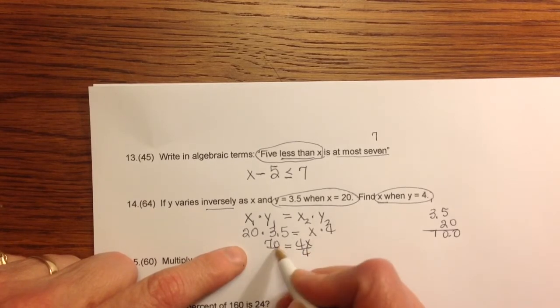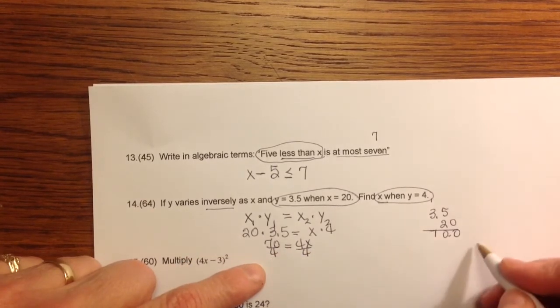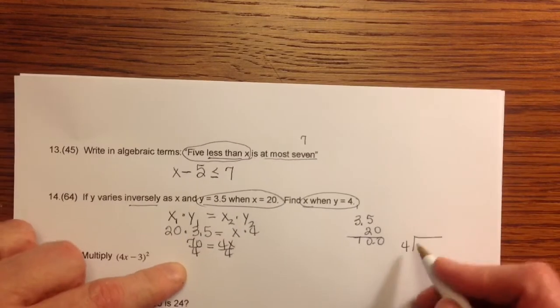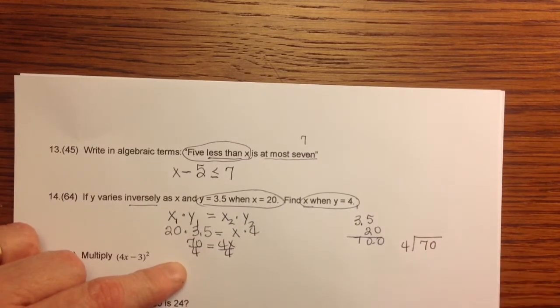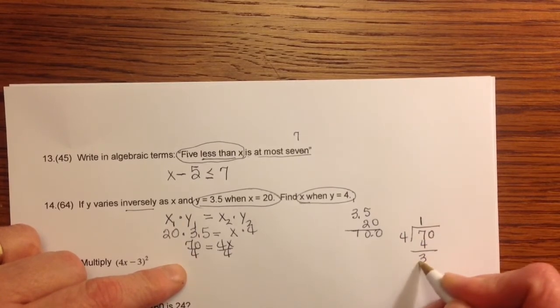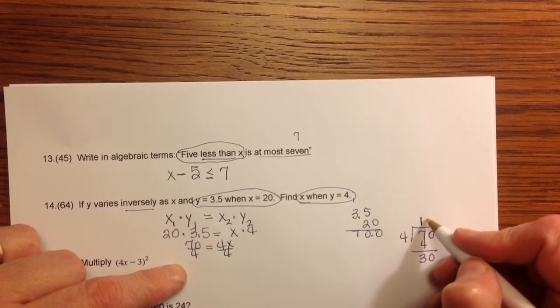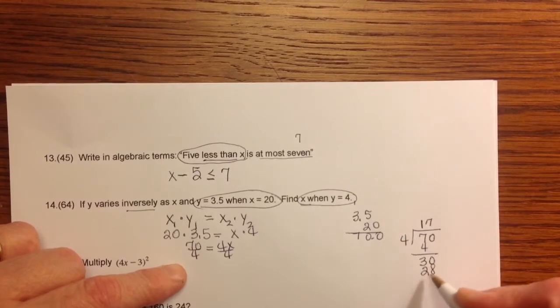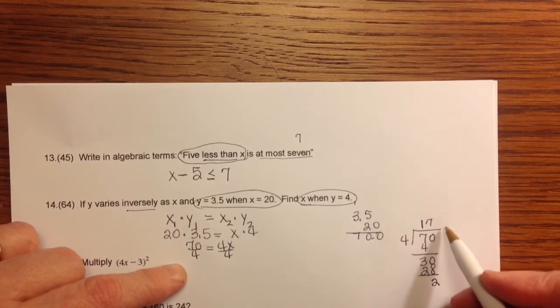Divide both sides by 4. And we'll come over here and do the division. 1 time. Bring down my 0. 7 times. Now, you can do it as a decimal. You can add a decimal and a 0 and do it as a decimal.